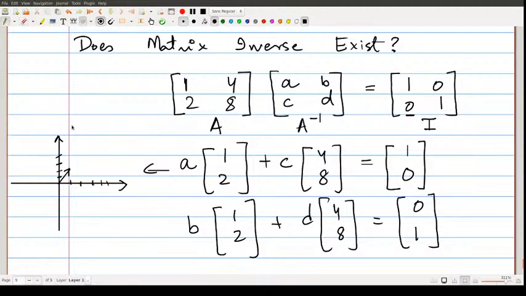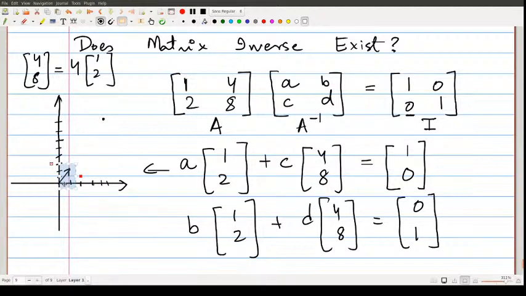Maybe I should have given myself some more space. So 4, 5, 6, 7, 8, and this is 1, 2, 3, 4, something like this. Notice that the vector 4, 8 is basically 4 times the vector 1, 2, which means I'm just going to take the vector that I originally have, and it is simply going to be scaled so that it reaches that point.